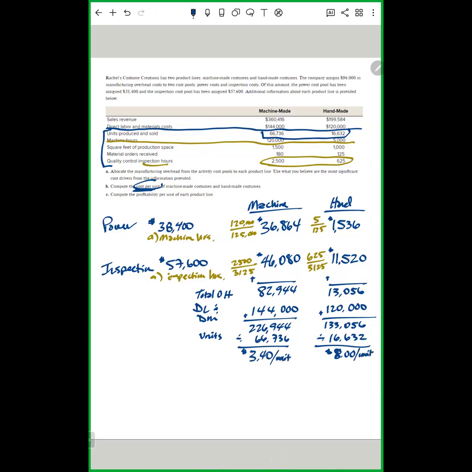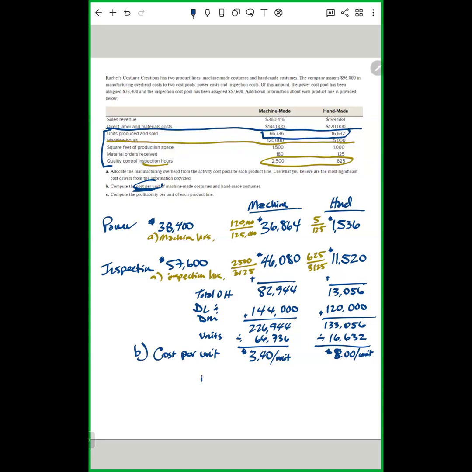All right. And then the last part says compute profitability per unit. So this is B, cost per unit. And then C asks for profitability. So what I would do is take revenue per unit and then compare that.